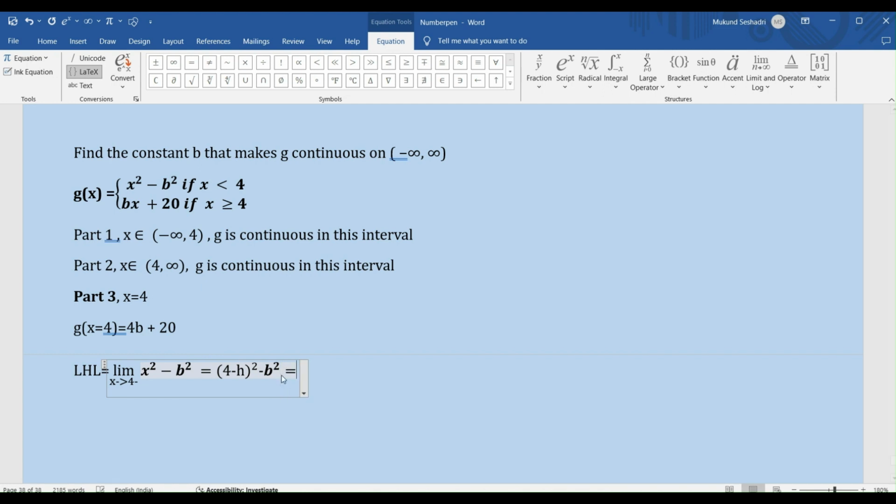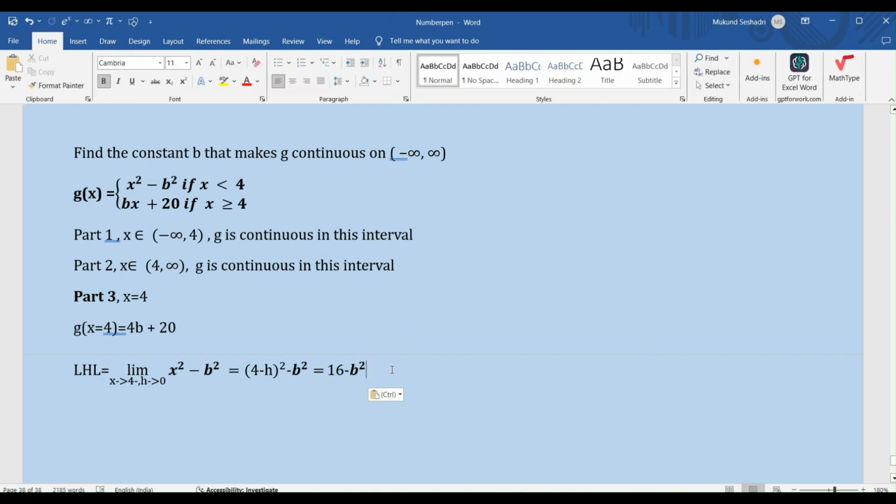And if I replace my h tending to 0, what do I get? I get 16 minus b squared, right? Because my 4 minus h is 4 minus 0, and 4 squared becomes 16, and I'm left with 16 minus b squared. So this is my LHL.